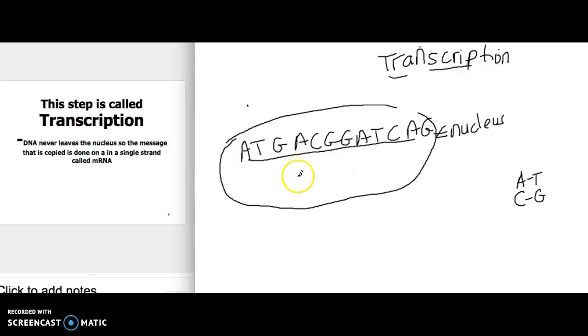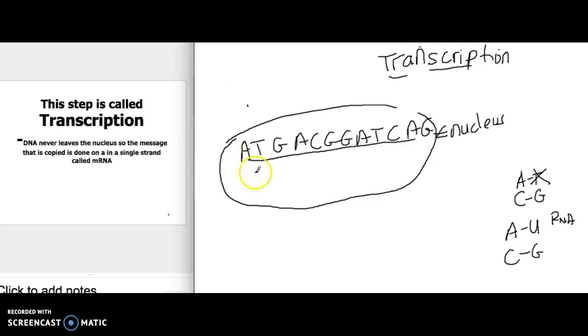So basically, the DNA is going to unwind itself, and we are going to copy this strand. Now, something called an mRNA is going to be made. Now, the thing with mRNA is that A pairs with U and C pairs with G. There is no T in RNA.